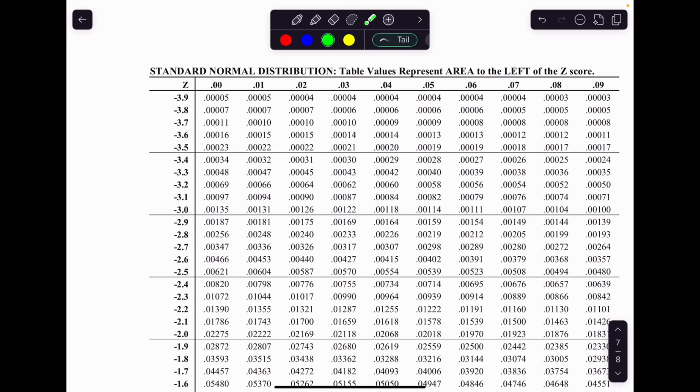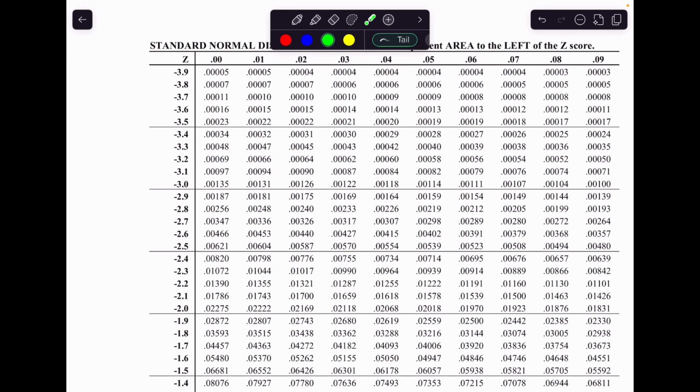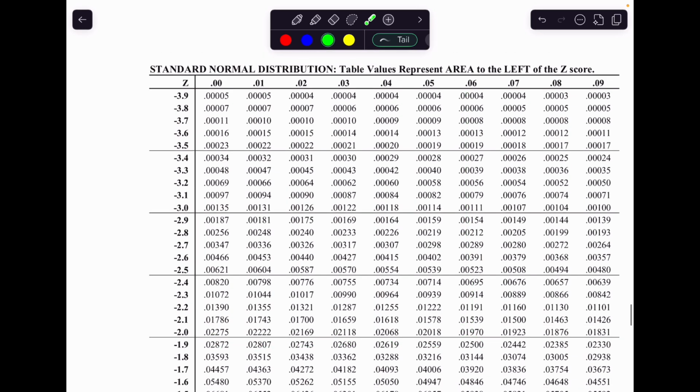because you want 0.025. So if I look around here is where I start to get 0.02. So if I search for 0.025, that would be right here. So the negative Z value is negative 1.96, which means the positive Z value is positive 1.96.